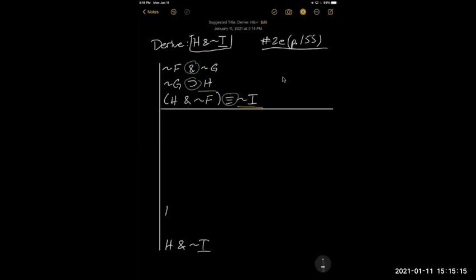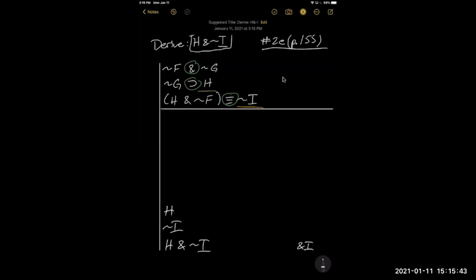I essentially want an H and I want a tilde I, and then I'm going to put them together using ampersand introduction. Now, I don't know which actual lines it'll be in the end of it, but I know that once I get an H and once I have a tilde I, then I can just put them together through an ampersand introduction or a conjunction introduction. So I'm actually going to work from the bottom, and I typically like to work from the bottom a lot.